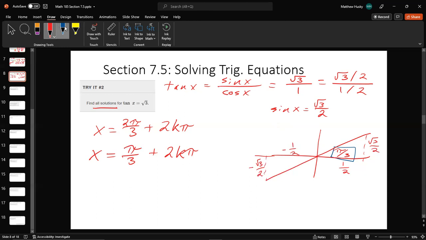So this one here, let's erase that. This one is actually 4 pi over 3.